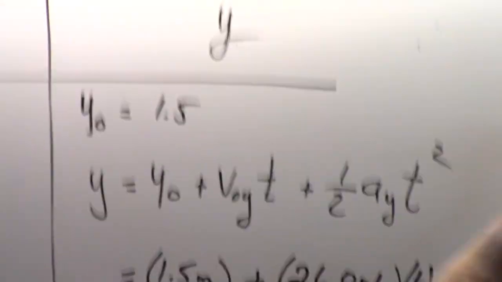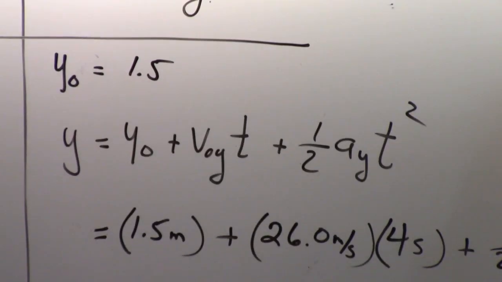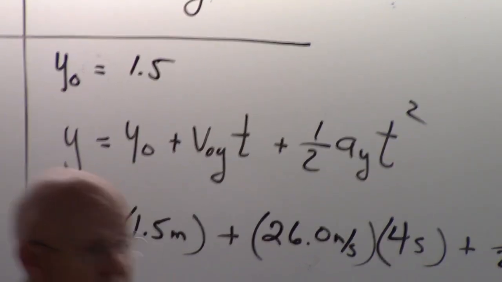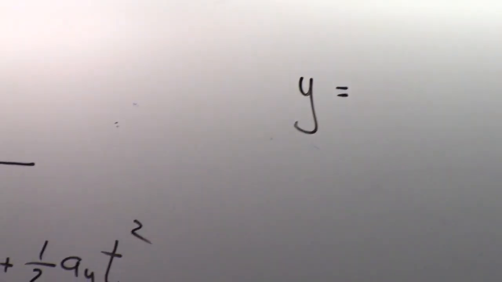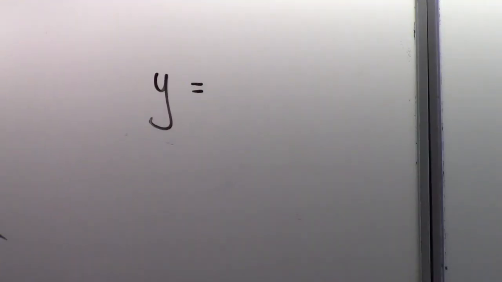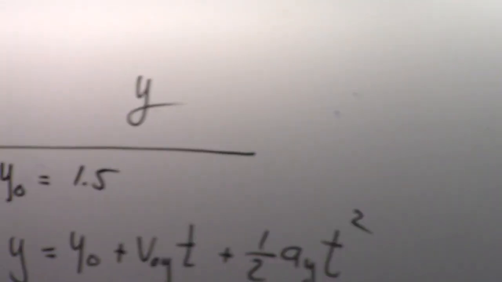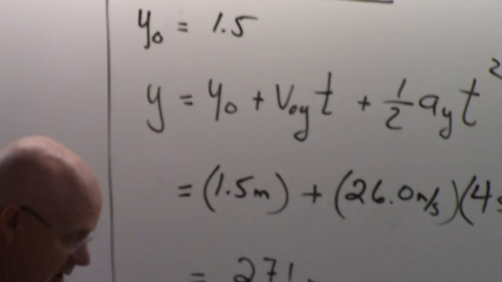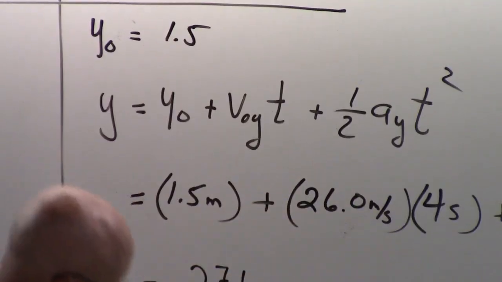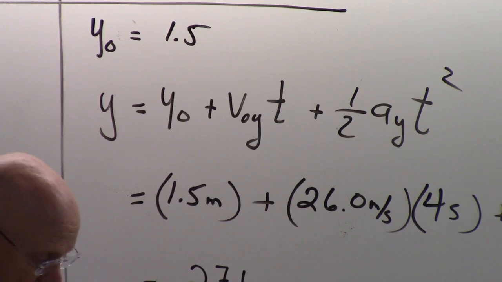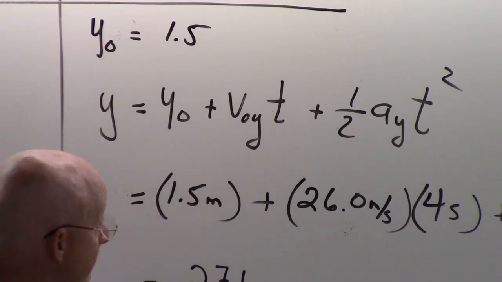All right, so I will go y equals, and if it's okay with you to maybe save a little time, let me just punch these in instead of writing them down. So this height right here is 1.5 plus the initial speed 26 multiplied by the time, and that is, I'll just put last answer right there.